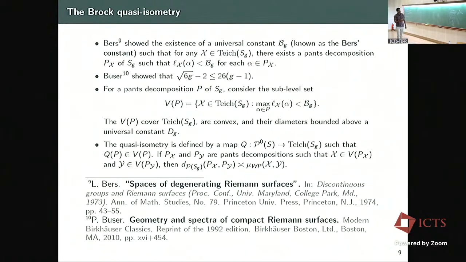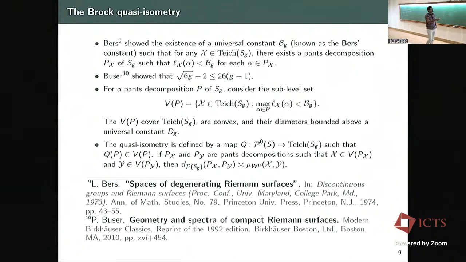And Buser, I think this is the reference I could find for it, but I'm sure there was a paper where he proved this. I don't know that paper, but this is a book. Oh, really? Because I couldn't find anything better than this. This is definitely there in this book.